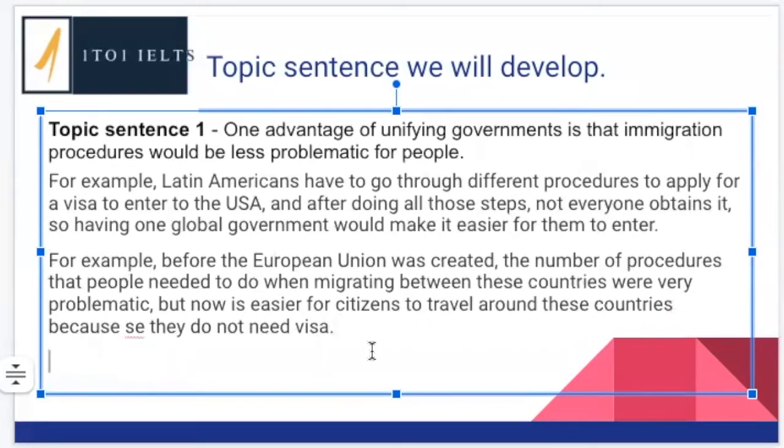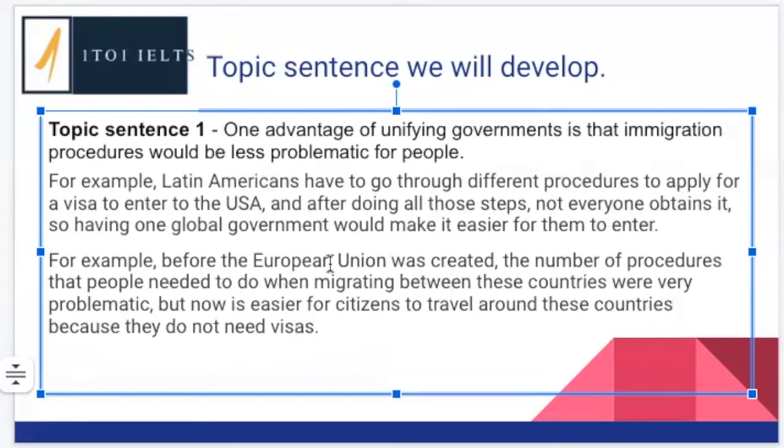Now it's easier for citizens to travel around these countries because, it's just a typo, they do not need visa. Okay, so are we talking about one visa or visas in general? Visas in general, so this definitely needs to be plural.